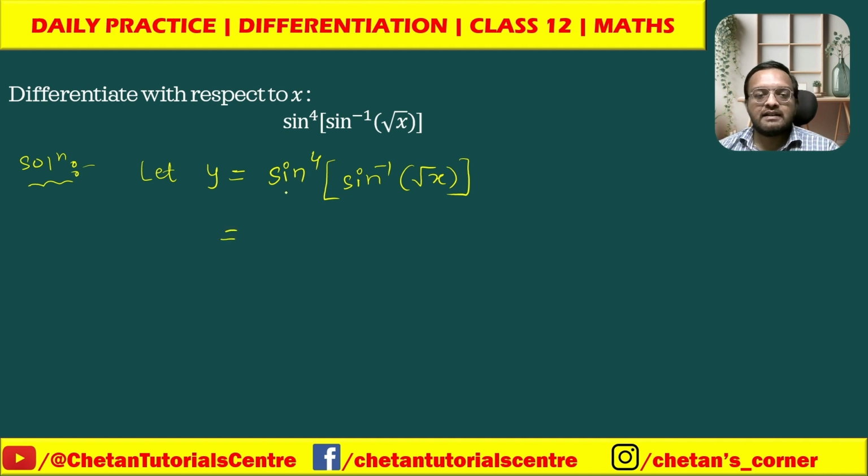Now I will write this sine raised to 4 as sine inside the bracket sine inverse of under root x, and I will raise this to 4 as sine of sine inverse under root of x bracket raised to 4.